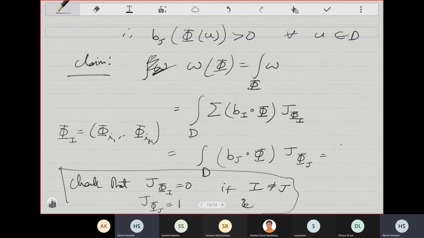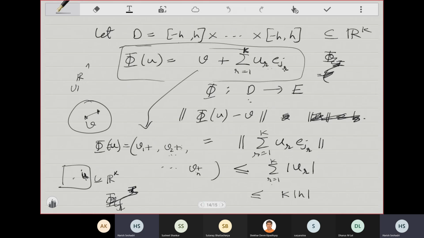So this will be just Bj composed with phi on D, which is positive because the image lands inside the ball. So that proves it. We assumed that for some multi-index Bj is not 0, and we concocted the main thing: this K-surface phi, which makes omega acting on phi positive.